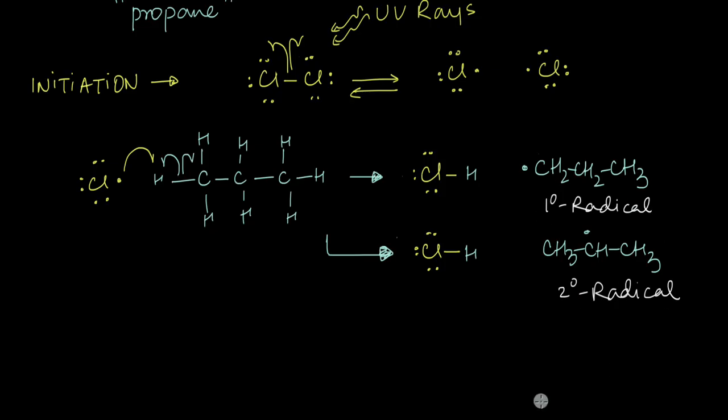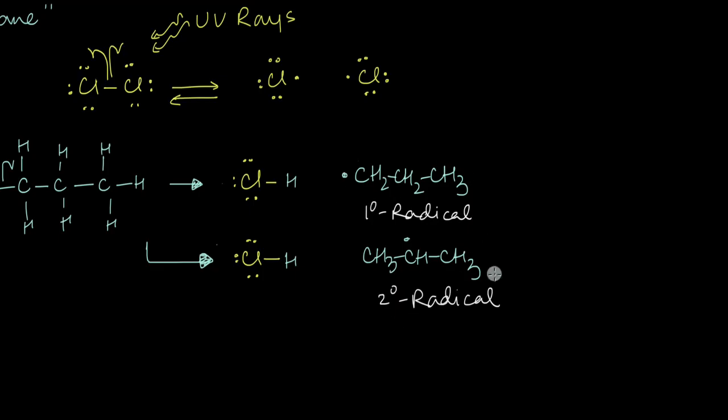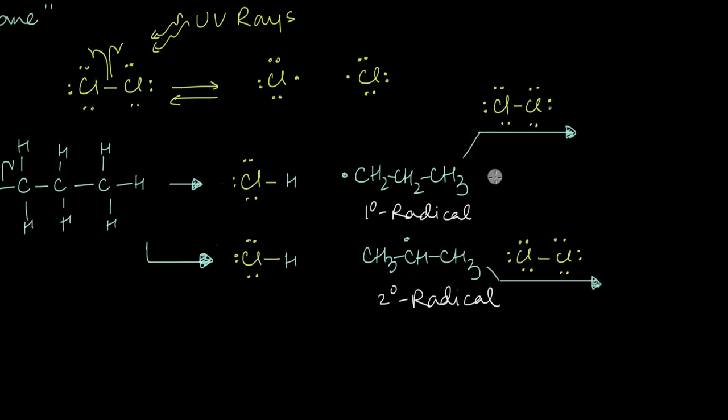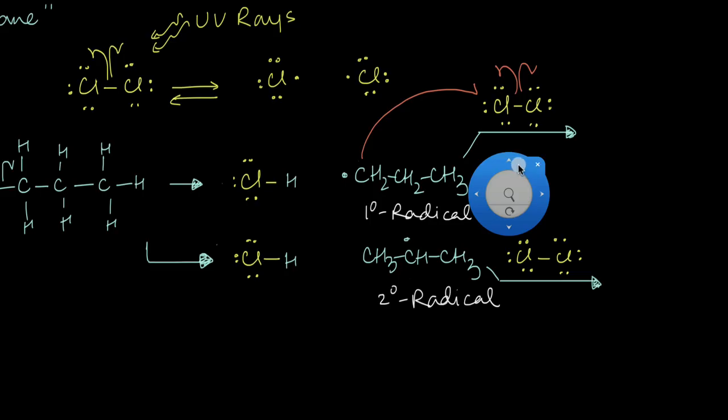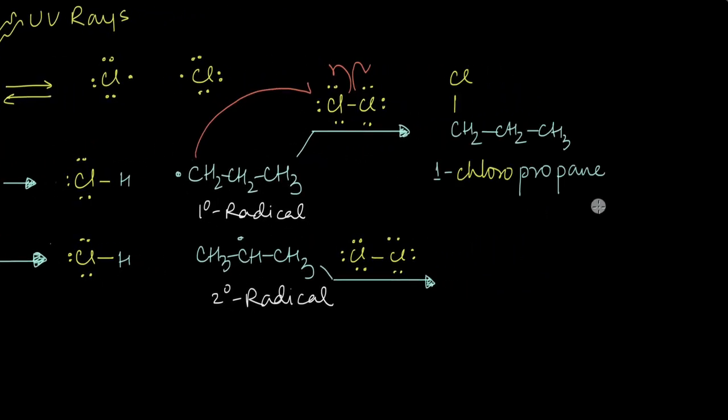Now these new carbon radicals that are formed are also very reactive, and they can then go ahead and react with any undissociated chlorine molecules that are left in the mixture. So this first degree carbon radical can react with any undissociated chlorine. It can in fact abstract a chlorine atom from unreacted chlorine molecules present in the mixture, and this will ultimately lead to the formation of 1-chloropropane along with the liberation of a new chlorine radical, right?